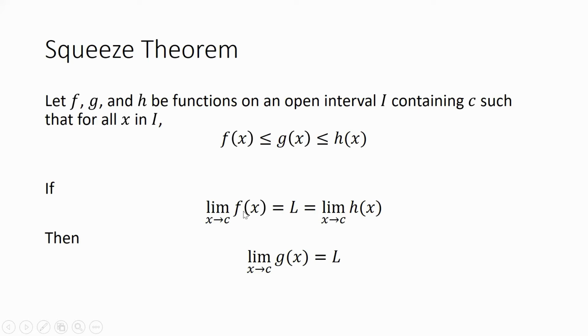If the limit of the function f of x is L, and if the limit of the function h of x is L, then the limit of g of x also has to be L. So what that's saying is if the limit of the lower function and the upper function match up with L, then the function in between also has to have limit L.